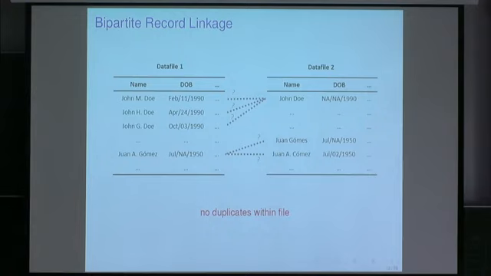And there might be a lot of uncertainty. For example, here's a toy example where this John Doe appears with multiple dates of birth. They could be different John Does. We don't know. This person doesn't have a middle initial, and doesn't have day and month of birth. So who knows who is the right match?